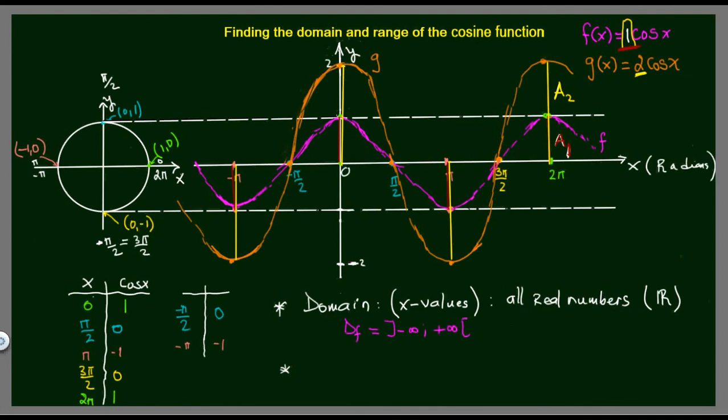And for the orange function g, the domain dg is also minus infinity until plus infinity, because it's describing exactly the same thing, but with a higher amplitude in the same direction, covering x from minus infinity until plus infinity.